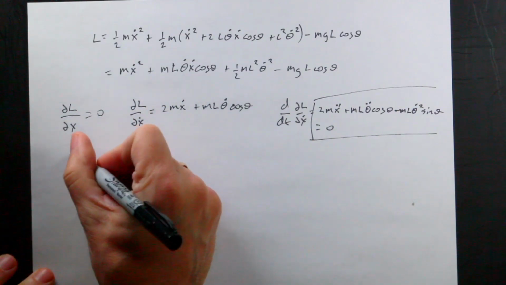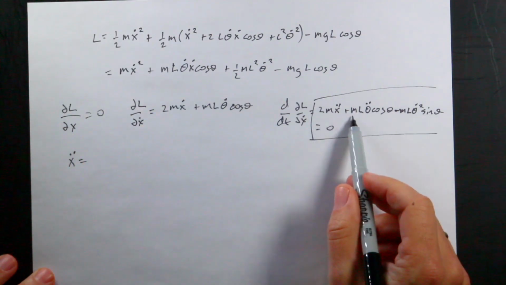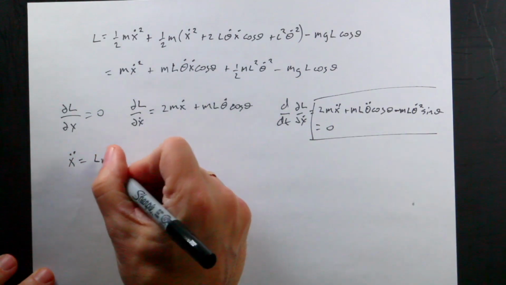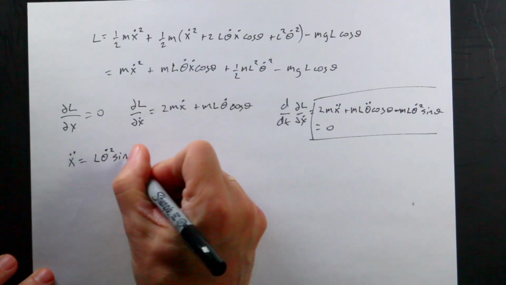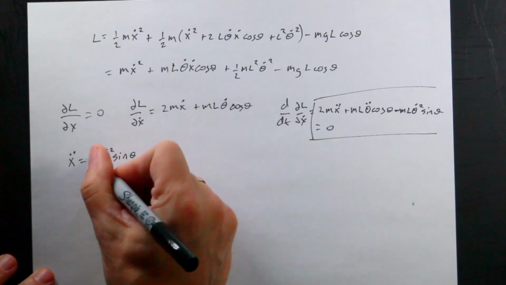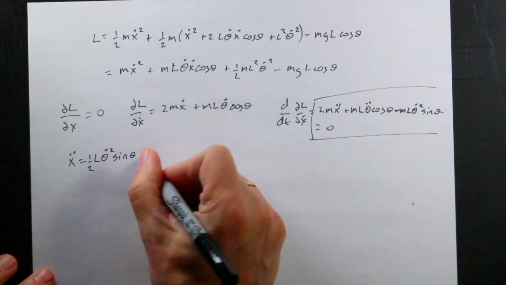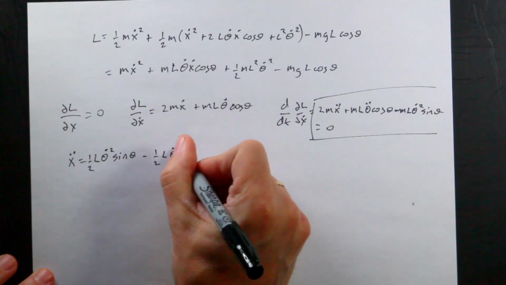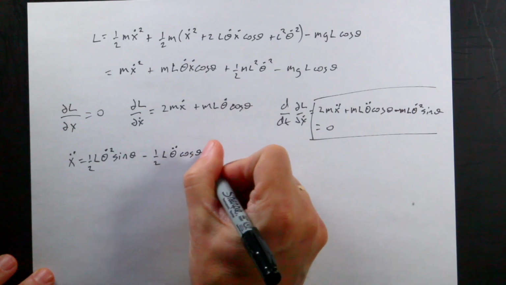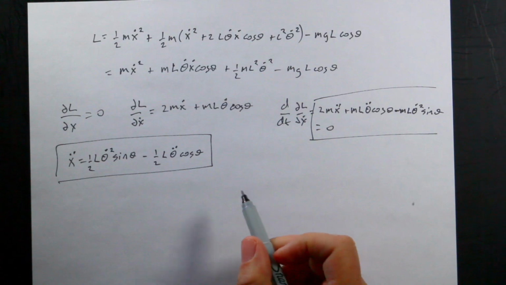So x double dot equals, if I move this stuff to the other side, divide by 2m, I get L theta dot squared sine theta over 2. So 1/2, right? Because I divide by 2m. And then minus 1/2 L theta double dot cosine theta. Okay, I might have to simplify that when I get to the theta term.